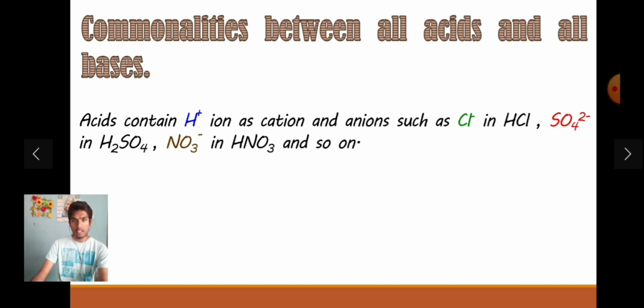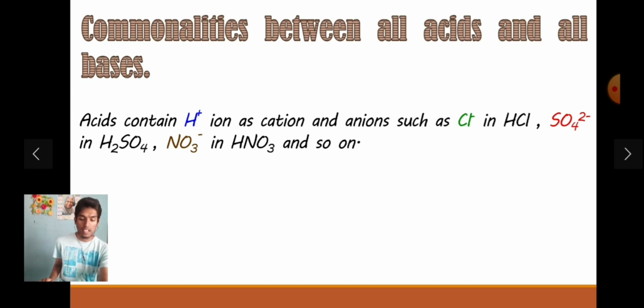So a positively charged species, H+, is present by default in all acids, and it reacts with negatively charged species called anions, like Cl-, the chloride ion, SO4 2-, the sulfate ion, and NO3- the nitrate ion in HNO3, nitric acid.